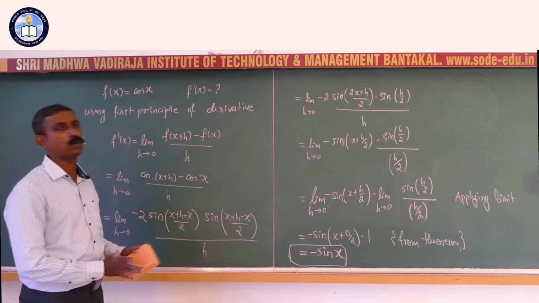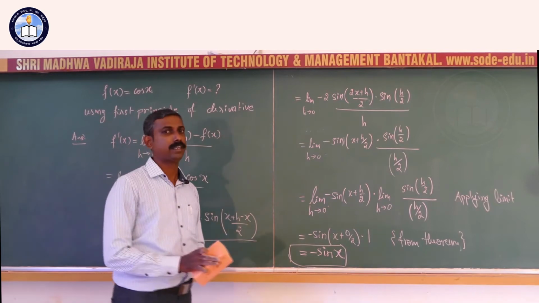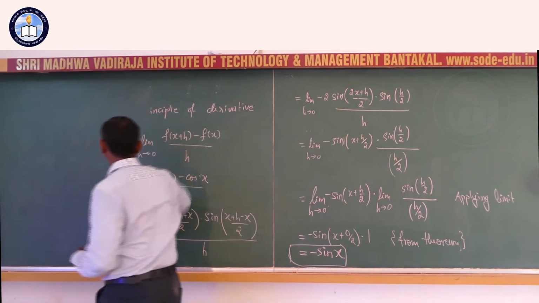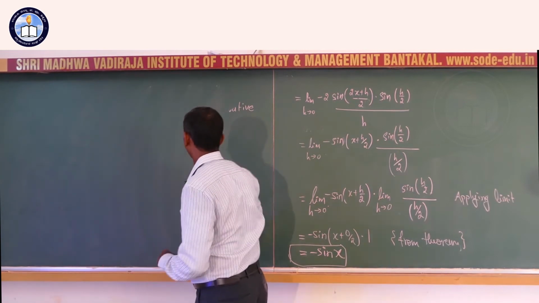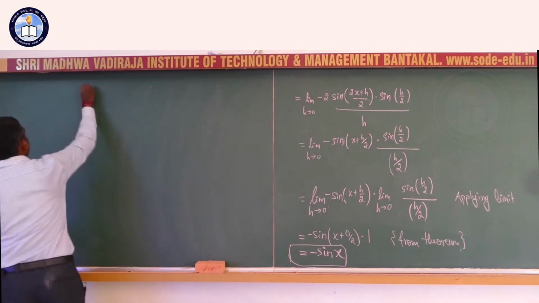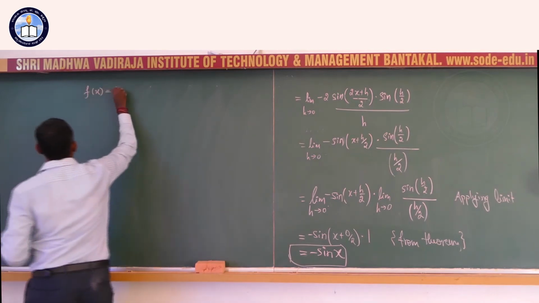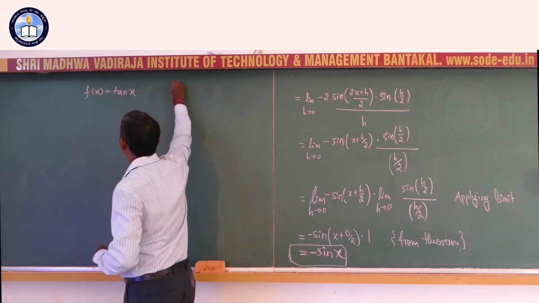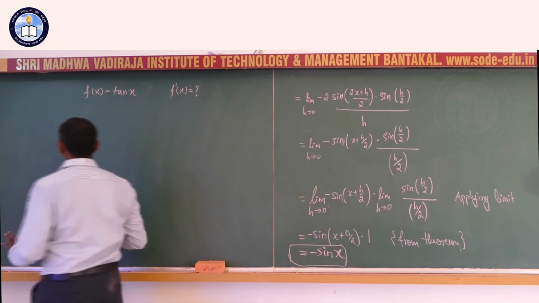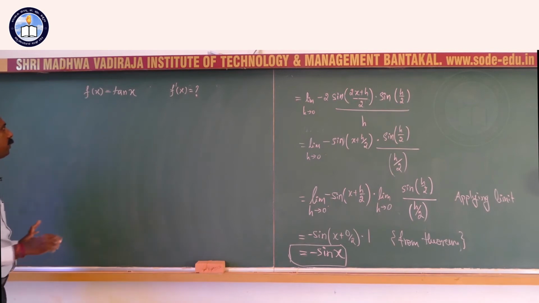So let us try to compute the derivative of tan x now. So f of x is equal to tan x, and f dash of x equals what? Again we are using the first principle of derivative.